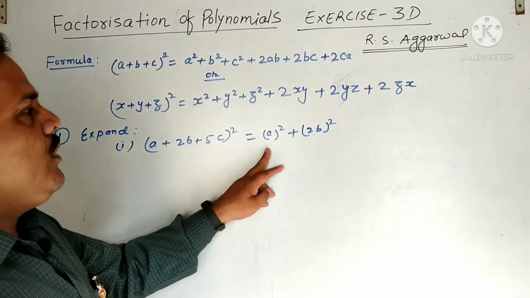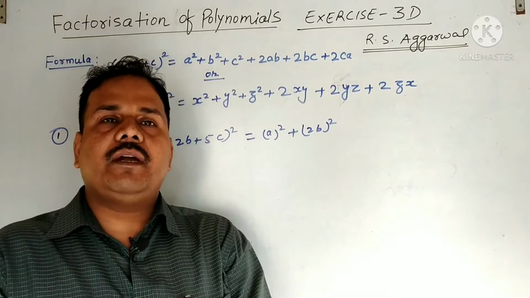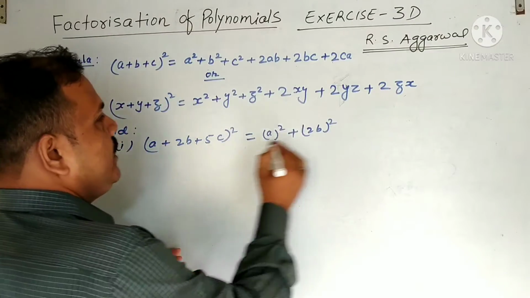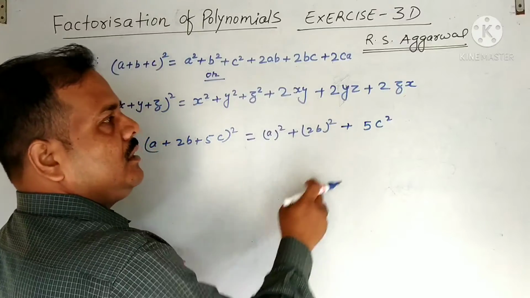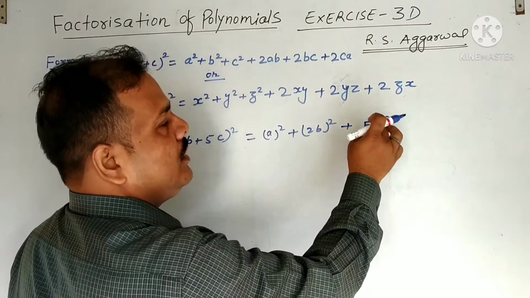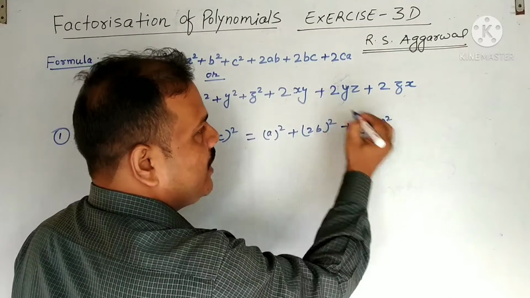Now why have I given the bracket here? Only so the concept stays in mind, that it is whole square, not only a single square. Here plus (5c) square. If I write it without bracket, there is confusion whether it is 5c square or c square. Definitely it will become c square, so here you have to write (5c) square.